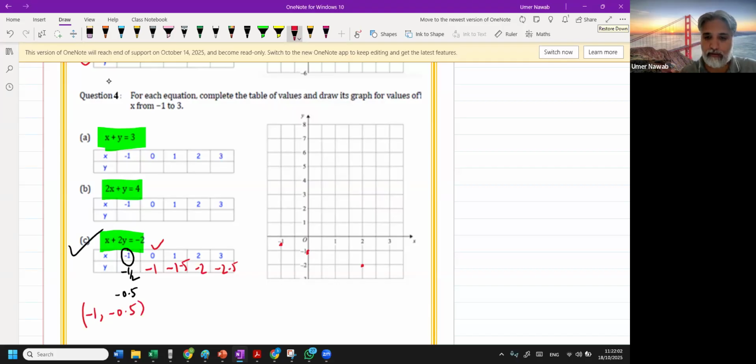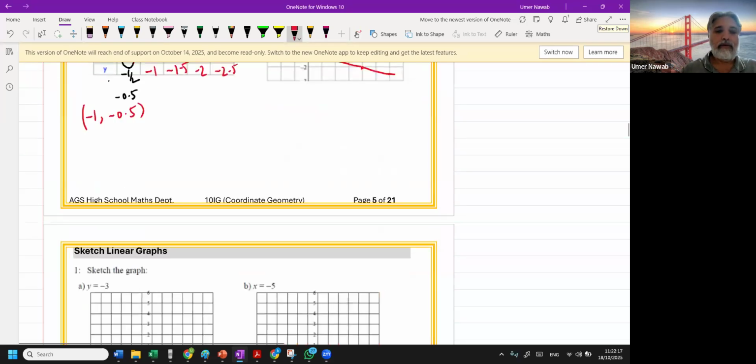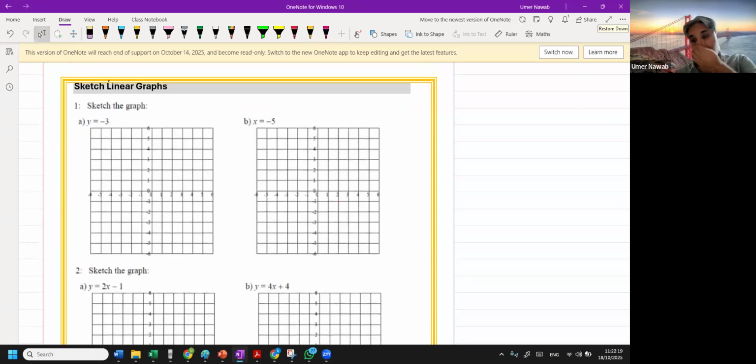At 1, we have minus 1.5. And at 3, we have minus 2.5. So then you can draw a line passing through these points. Easy. Now sketching. Drawing is done.